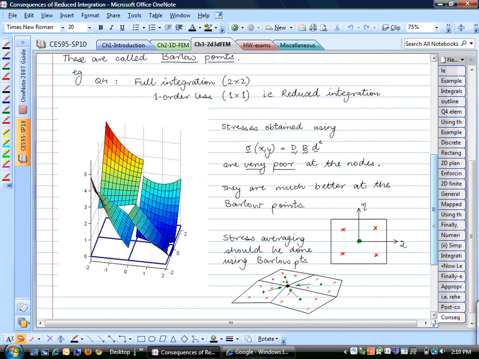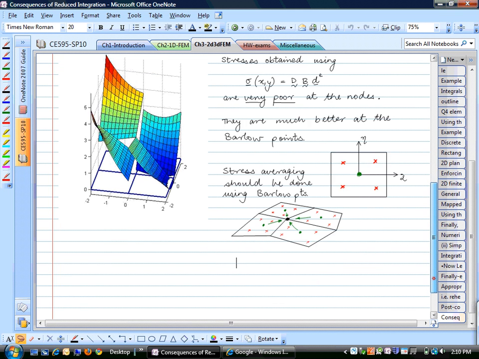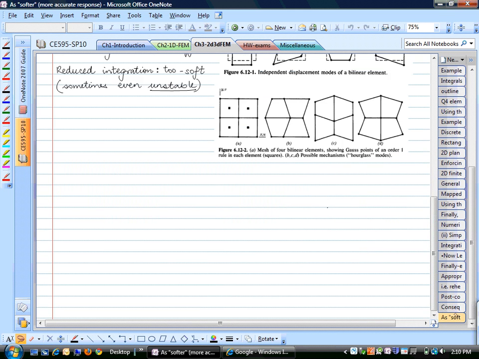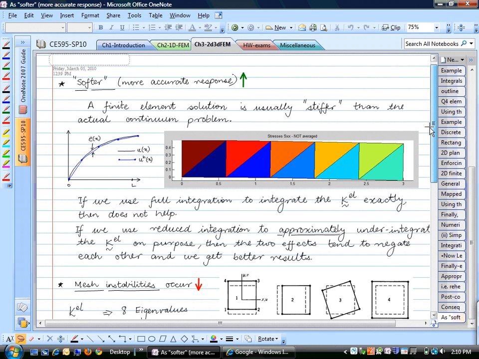So if you remember, for the T3 element that you are working on right now, we just said that the stress or strain is constant within the element, which means that if I have one element here, another element next to it, and actually I think I have a picture of that too somewhere on this last page. If you see, this was the solution that we got from the 10 element triangle problem.